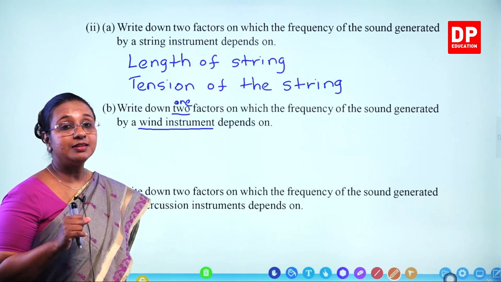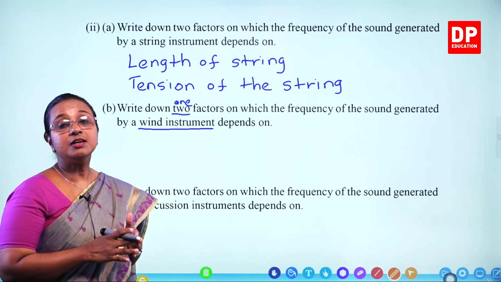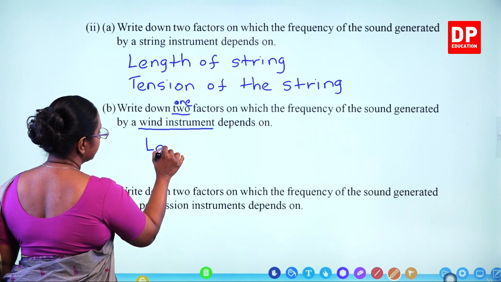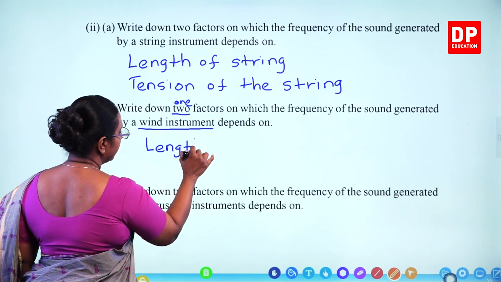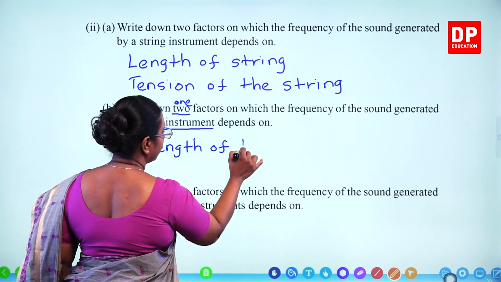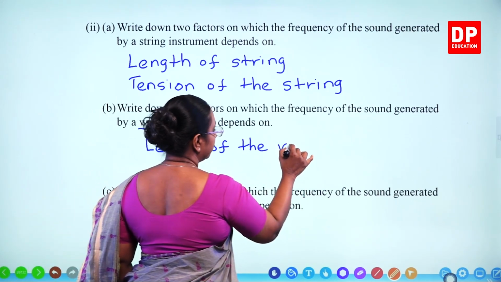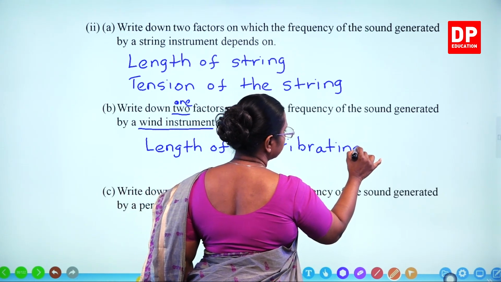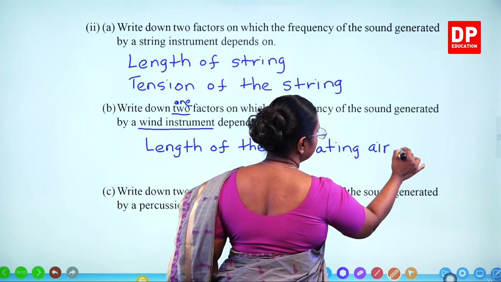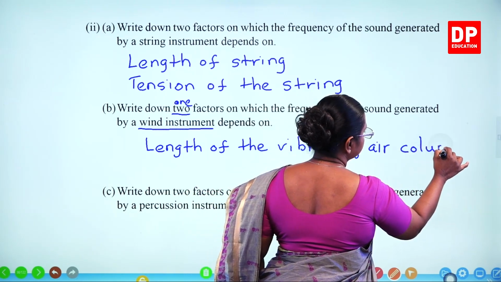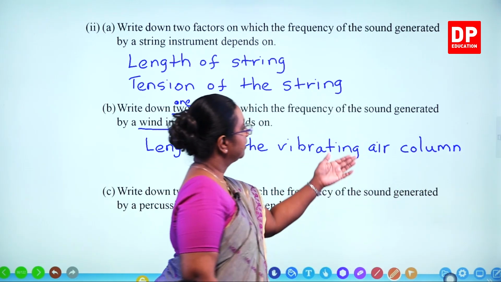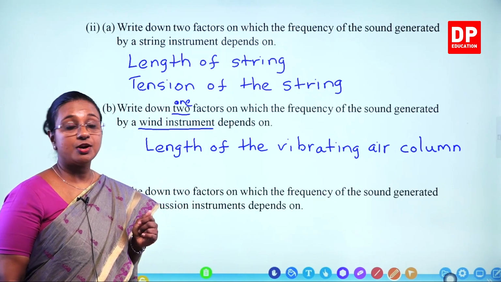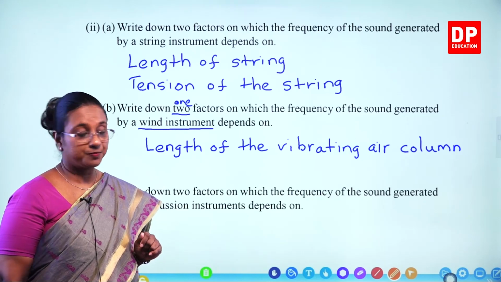What is that factor? The length of the vibrating air column. So, here it is only the length of the vibrating air column. That is the factor on which the frequency of the sound depends.